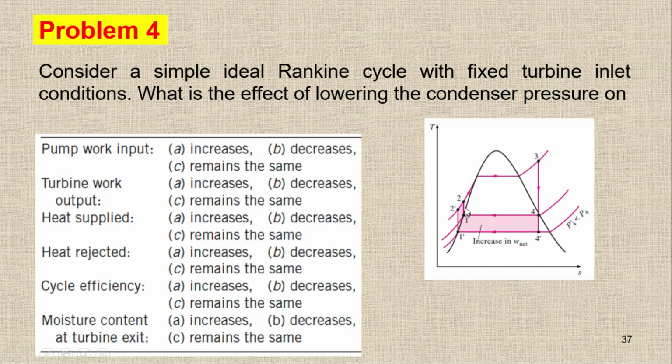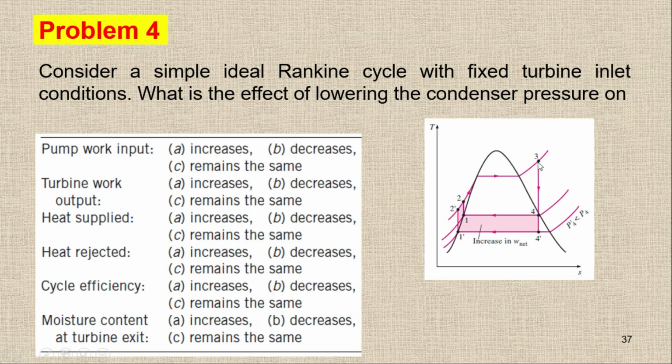It means we will get an increase in the pump work input, because we have the larger line here. It was a shorter line before, and when you decrease the pressure, you get a longer line here. What about the turbine work output?